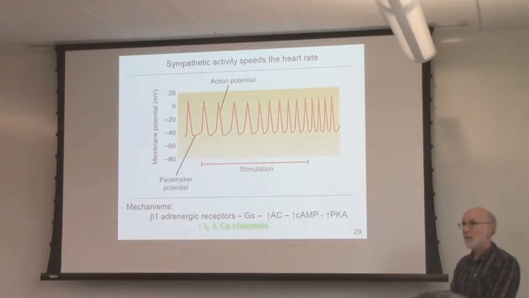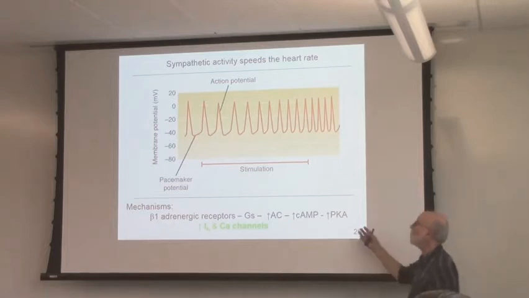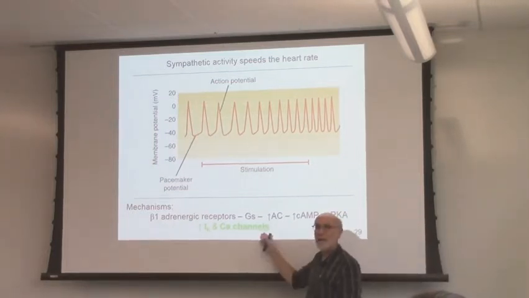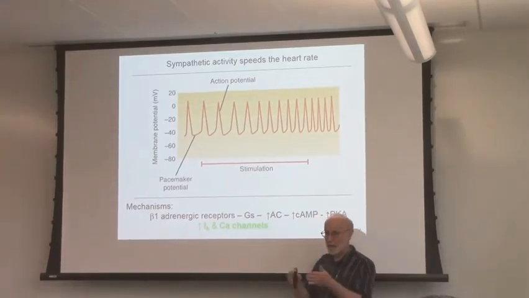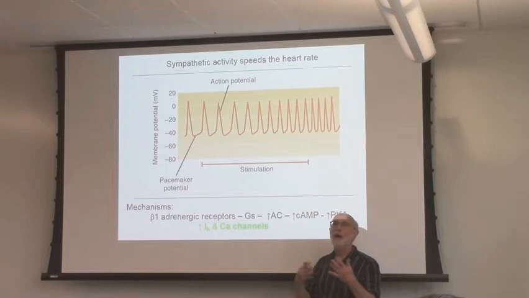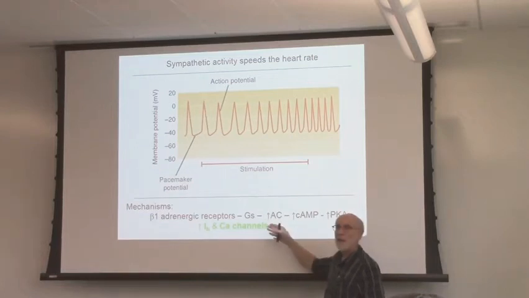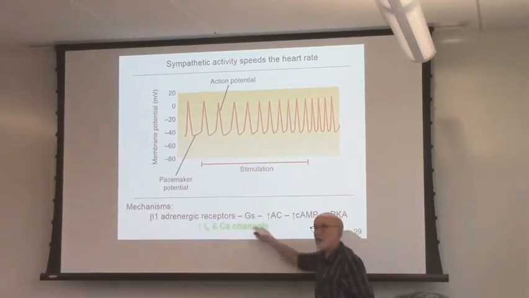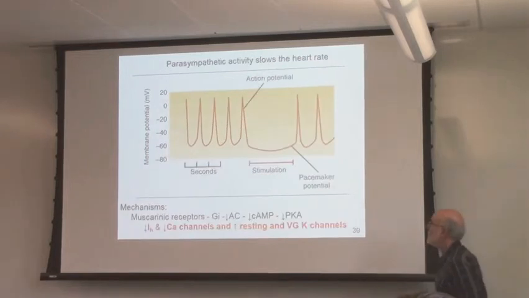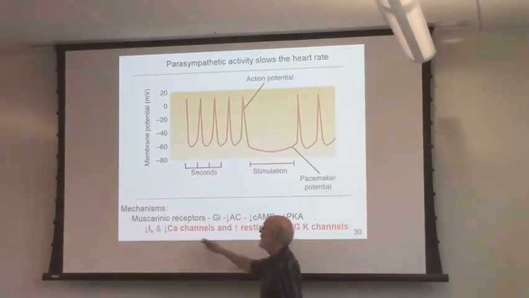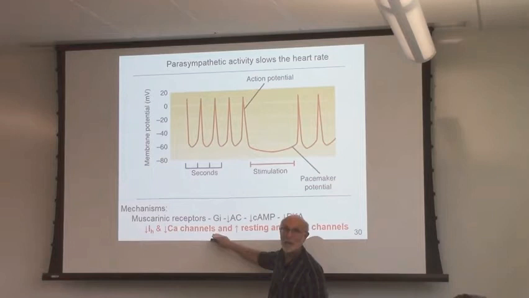Calcium channels. So an increase in calcium channel activity is going to lead to more calcium influx, more calcium release through calcium-induced calcium release, more binding to troponin. Now we're in the problem set. More binding to troponin, more cross-bridge cycling, more strength. So the sympathetic nervous system increases the rate and the strength of the heart. The parasympathetic nervous system slows the rate and decreases the strength of the heart.